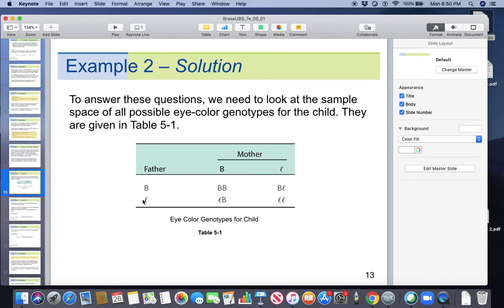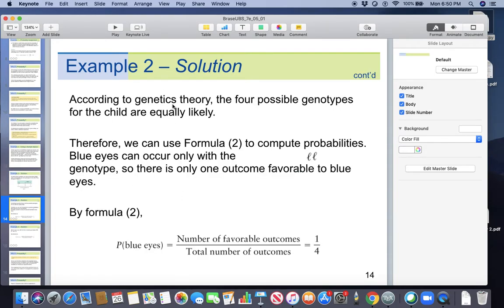Mother is blue, father is brown. That's another kind, and so on. So here are the different possible eye color combinations according to genetics. So the four possible genotypes are equally likely.